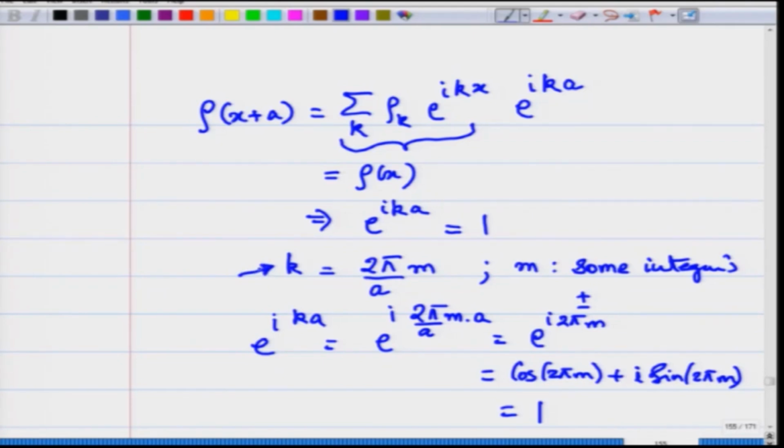k that you obtain when you take a Fourier transform of the lattice.